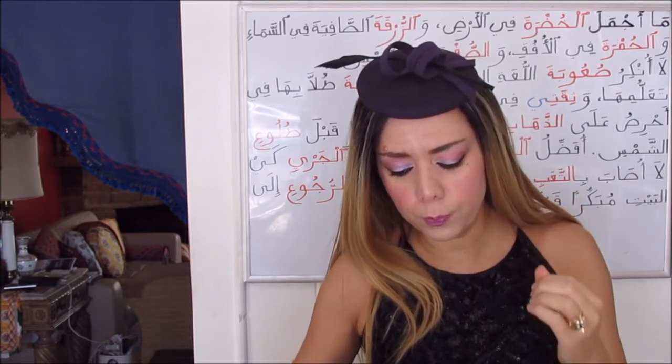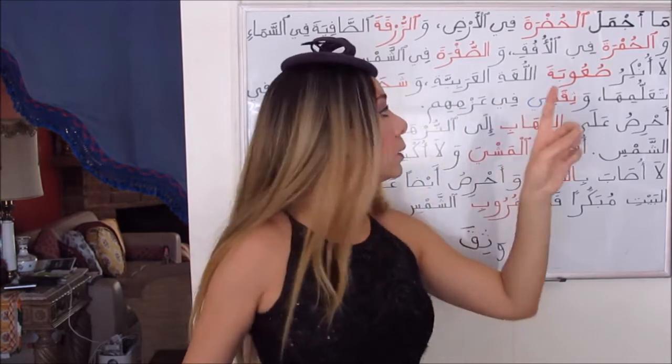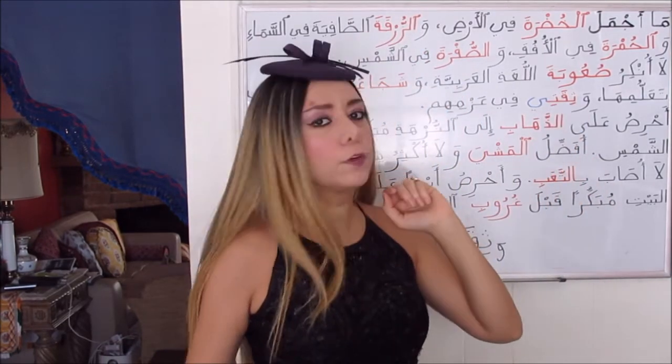So from the verb صعب, trilateral. So we are focusing here on the verbal nouns of trilateral verbs. صعب, to be difficult or to become difficult. صعوبة, difficulty.